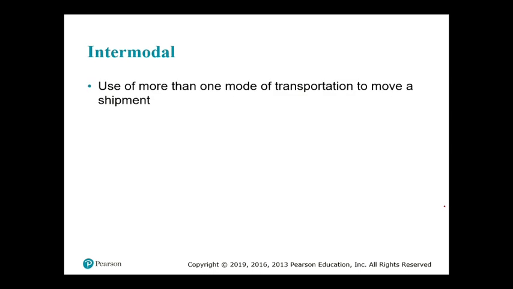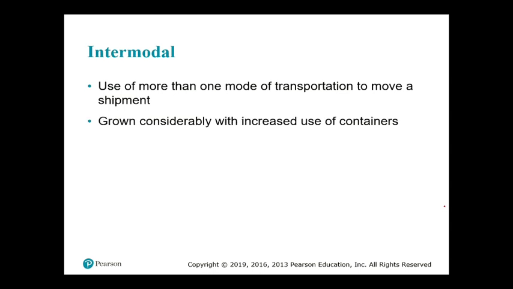Finally, we have intermodal transportation, which is whenever we use more than one of the previous transportation modes to complete a shipment. And with the growth of containers, we see an increase in intermodal transportation, especially in global trade.